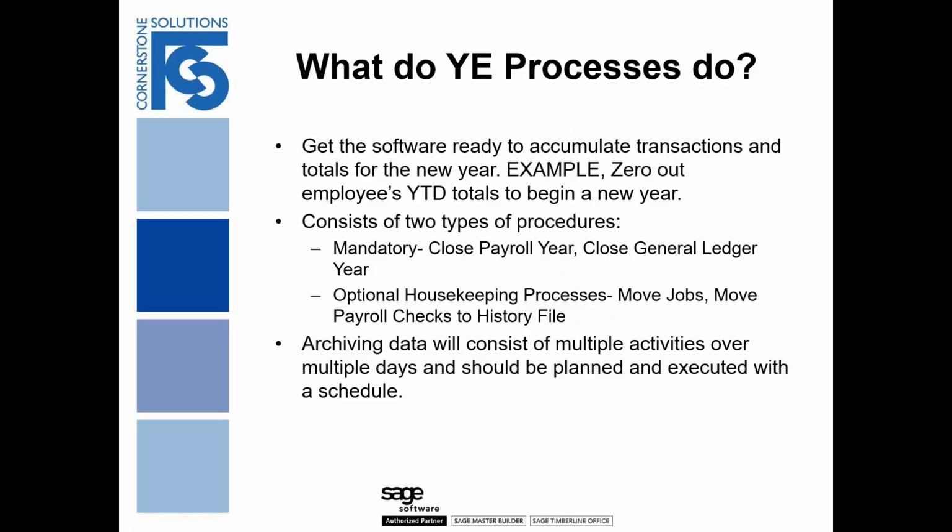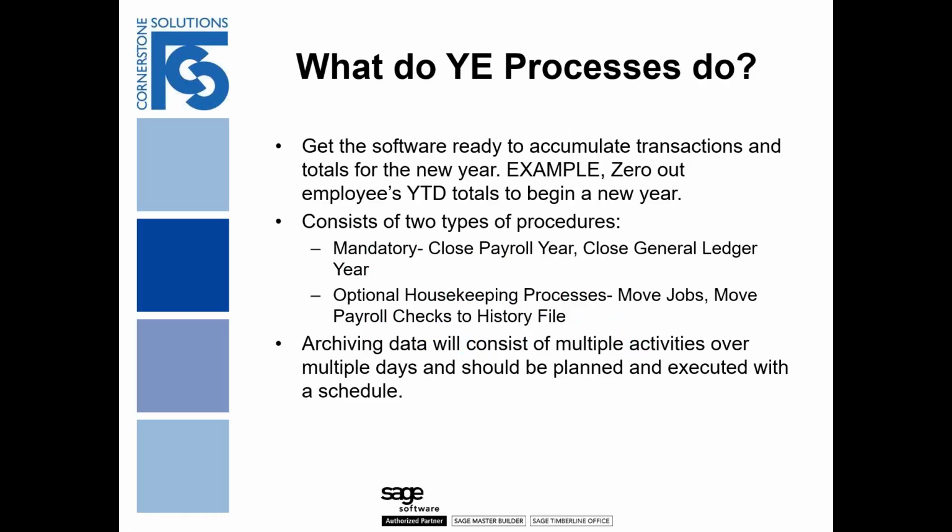And as we go through each of the modules that we're looking at today, I'm going to give you some indication as to specifically what those items are. Just as an example, in payroll, you have the year-to-date amount gross pay. That amount gets cleared out to start clean for the next year. There are some optional and required procedures that you go through in year-end.